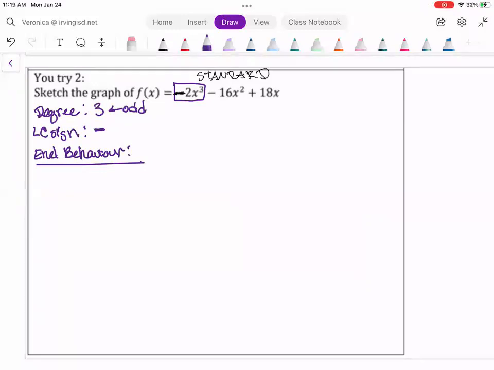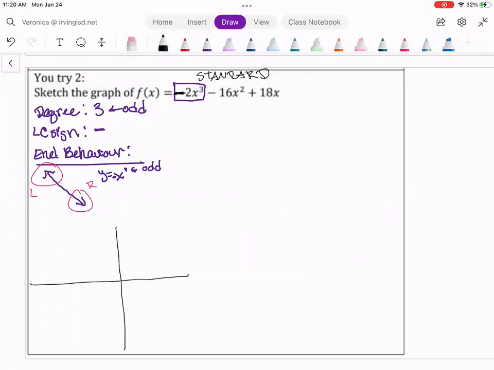This is going to mimic a negative linear function, y equals negative x, because this is also odd, but we want that negative because that's what we're using to get our end behavior. So on the left, we're going to go up, and on the right, we're going to go down.